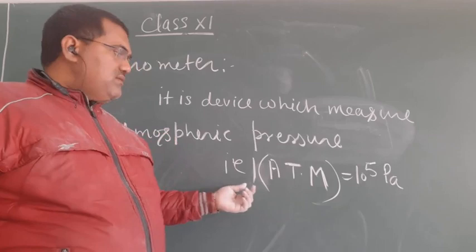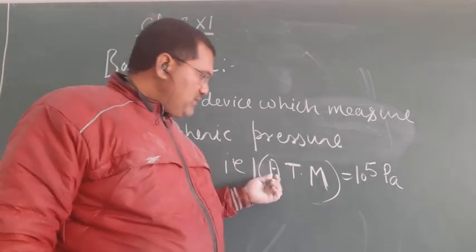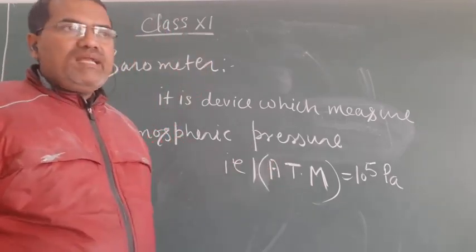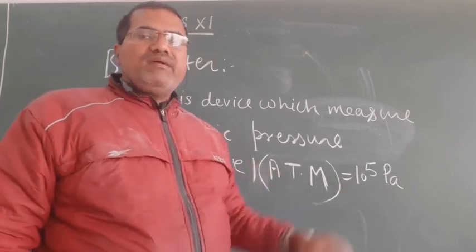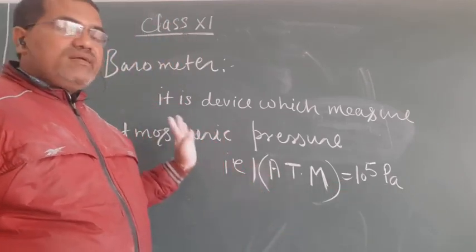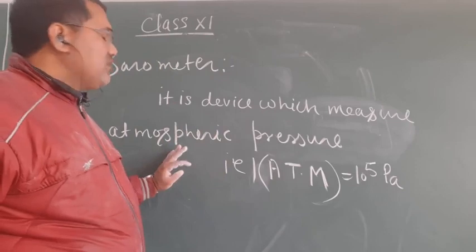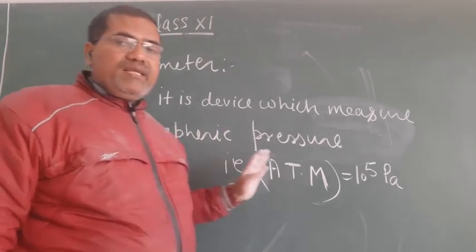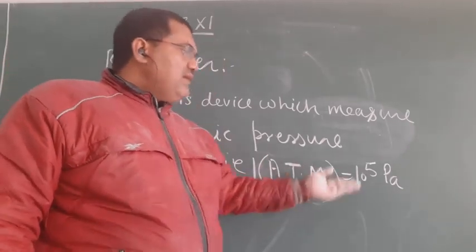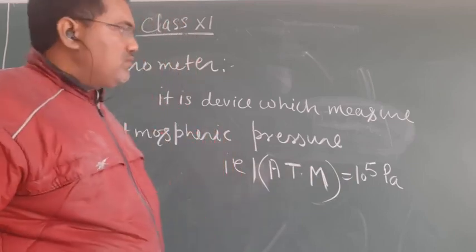Atmospheric pressure is considered in terms of atm. 1 atm equals 10 to the power 5 Pascal. So a barometer is a device which is used in measuring atmospheric pressure of 10 to the power 5 Pascal. So how to measure?